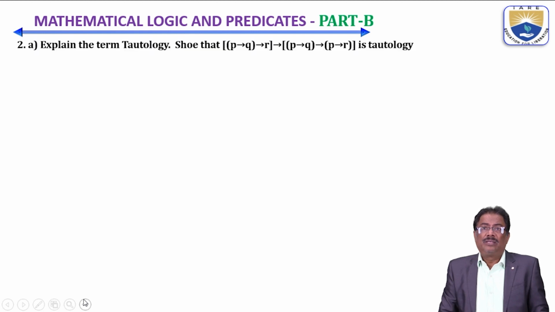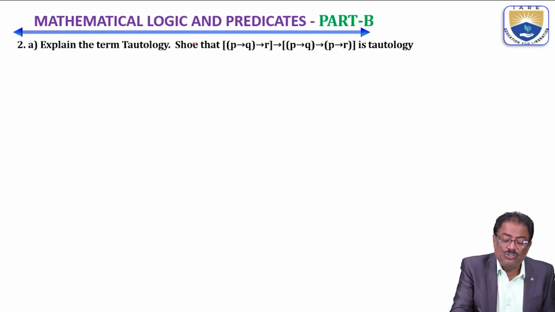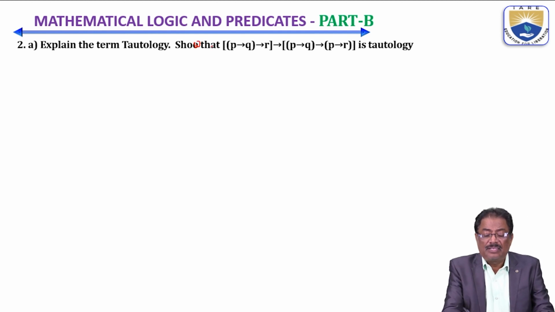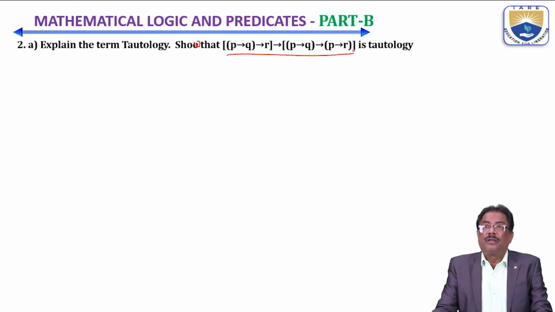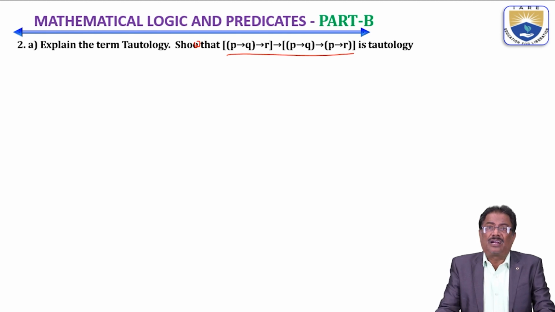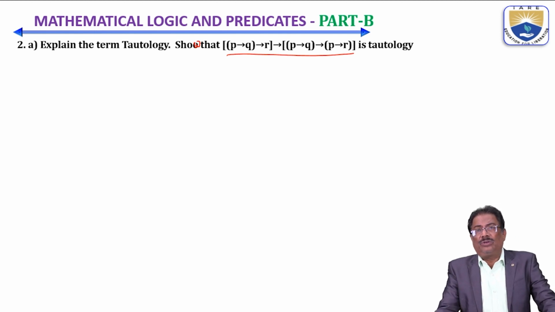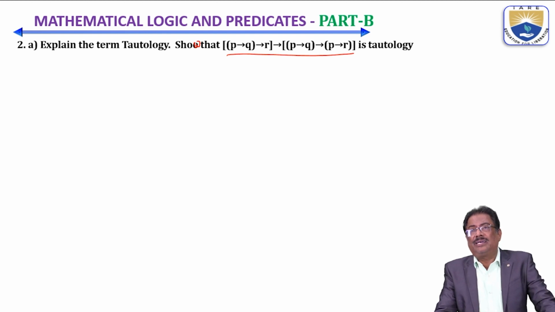Let us explain the term tautology and show that this is a tautology. Tautology means that for all possible truth values of P, Q, R, the compound proposition that is given is true.